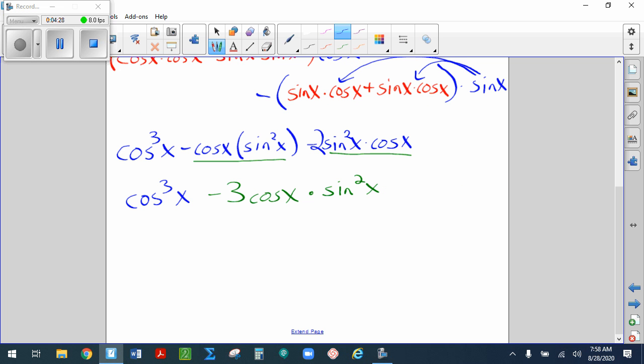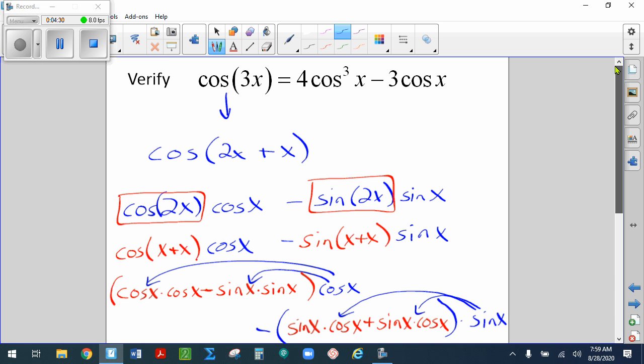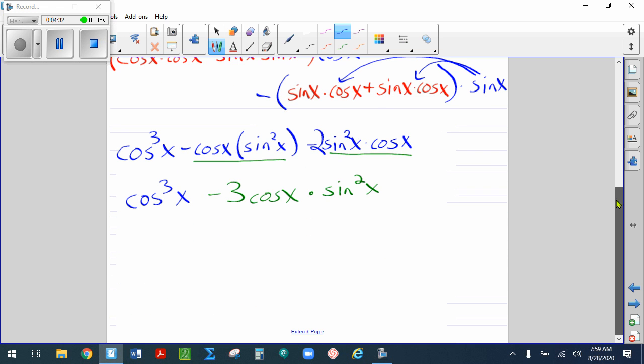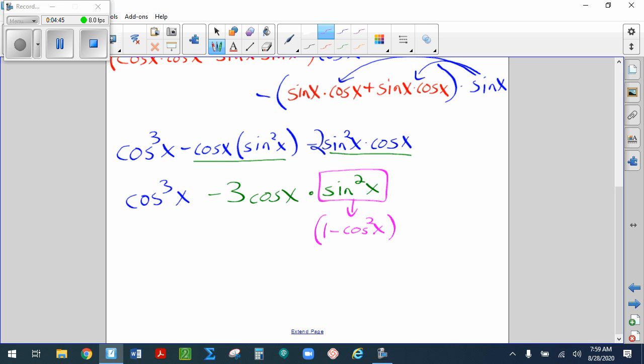And then if I look at my final answer, it's all in terms of cosine. So I'm going to take this sine squared and rewrite that as 1 minus cosine squared x, because sine squared plus cosine squared equals 1. And so if I distribute, my original is going to be cosine cubed x.